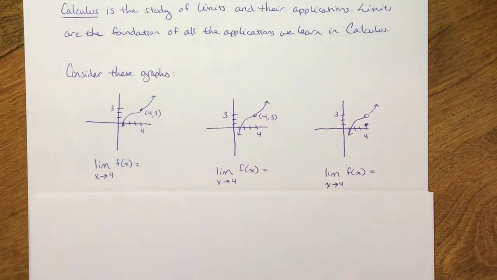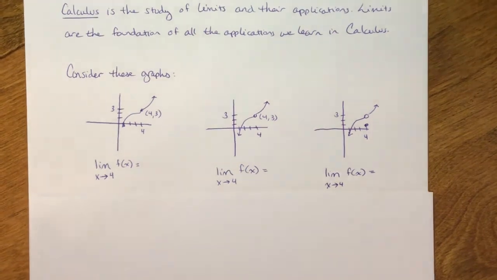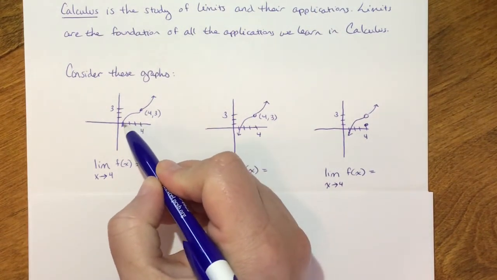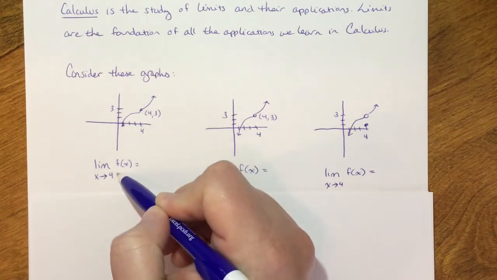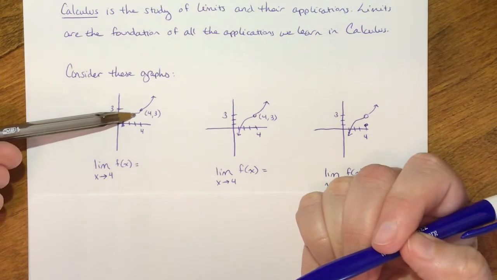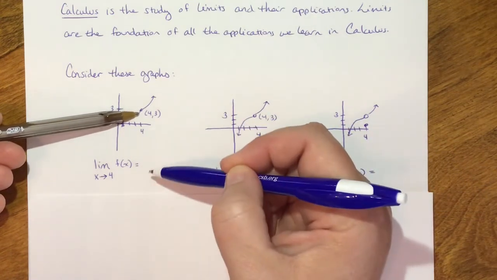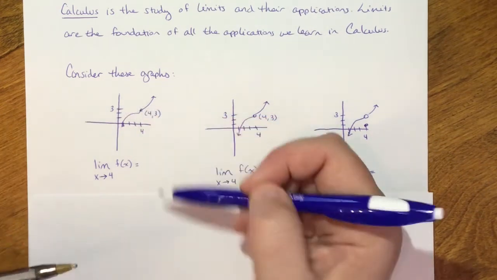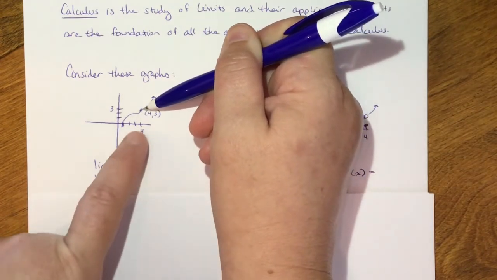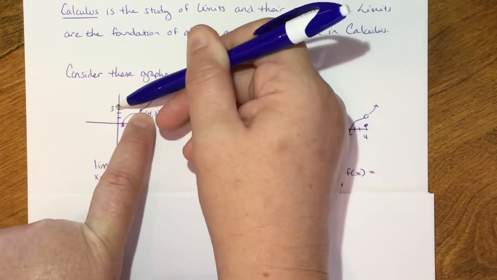All right, so I'm looking to see, as I get very close to an x value of 4 right here from both the left and the right, what y value am I getting close to? So if I approach from the left, as I get closer to an x value of 4, my y value gets very close to 3. As I approach from the right, my y value gets very close to 3.